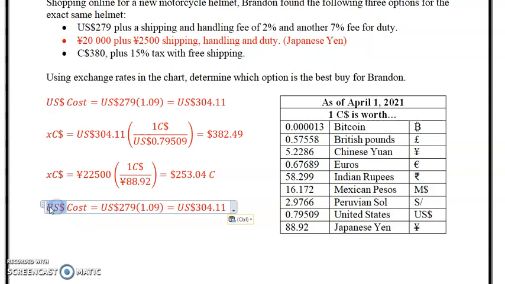The Canadian cost would be equal to 380 Canadian multiplied by 15%, so 1.15, and you get $437.00 Canadian. All right. I know we didn't have to do that, but that's the option.